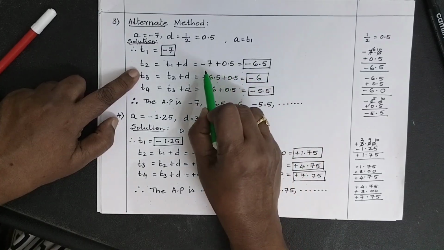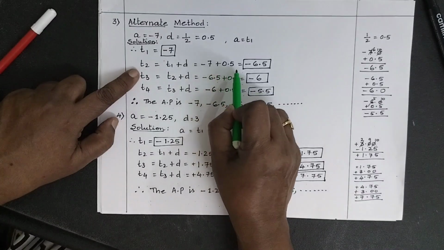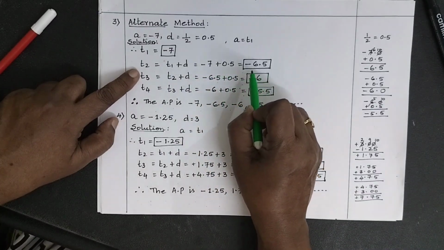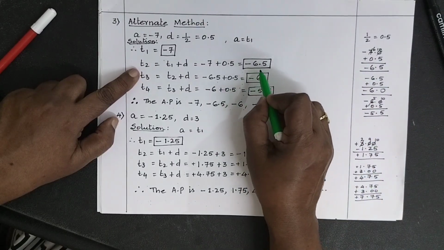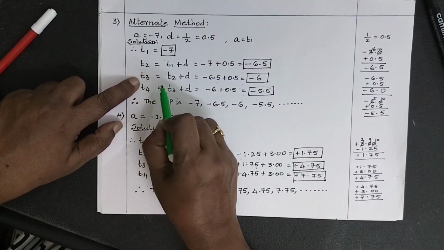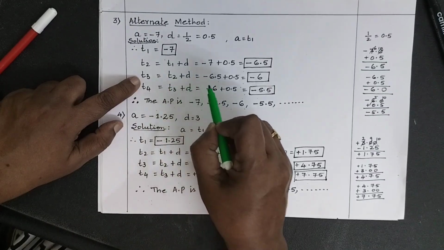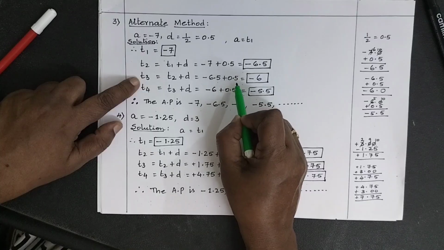Here you have to see the signs are different. So use the integers rule and subtract it and write. So the working is given here. So minus 6.5. Similarly, T3 is what? T2 plus D. T2 is what? Minus 6.5 plus 0.5.